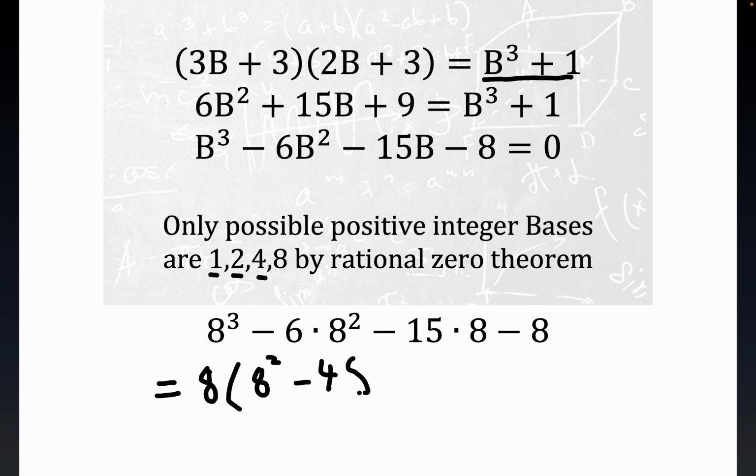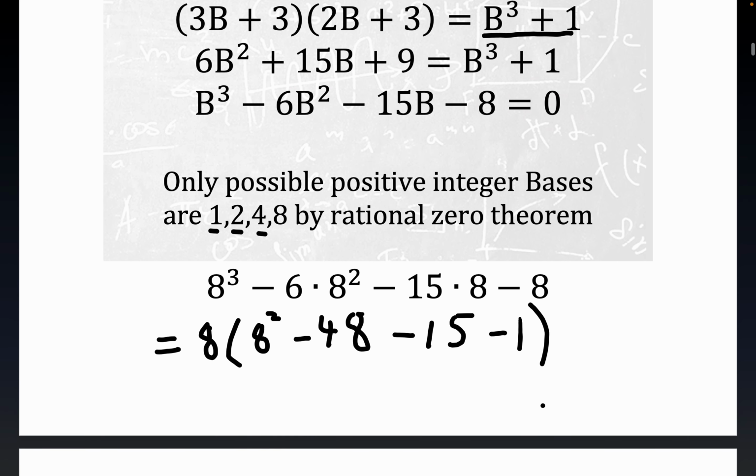If we factor an 8 from this, you get minus 15 and minus 1. And that manifestly is equal to 8 times 0. 8 times 0 equals 0. So the missing base is 8.